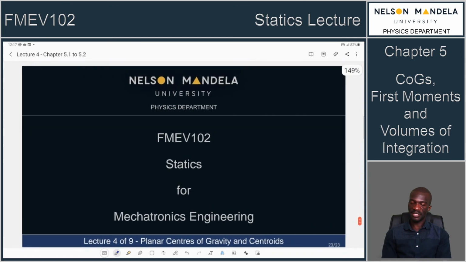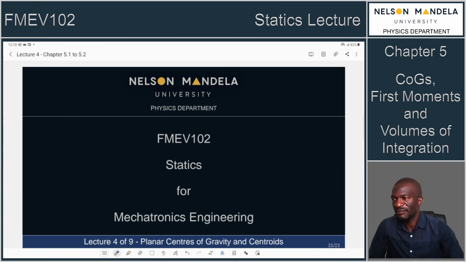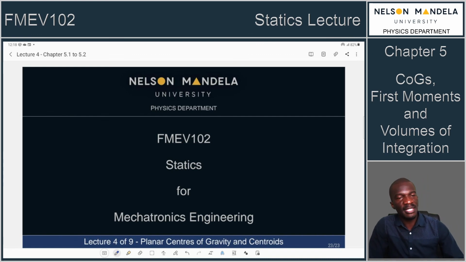This covers the discussion on planar centers of gravity and centroids. My hope is that as you perform the calculations, you now have a better idea of what we are discussing here. Remember, with statics, it is very important that these principles be applied instead of just read.